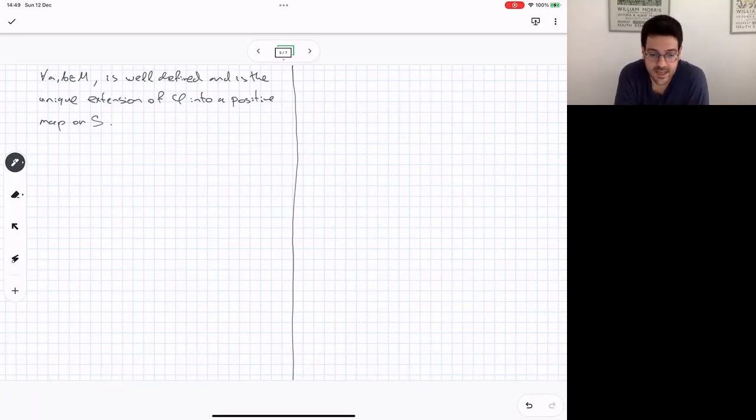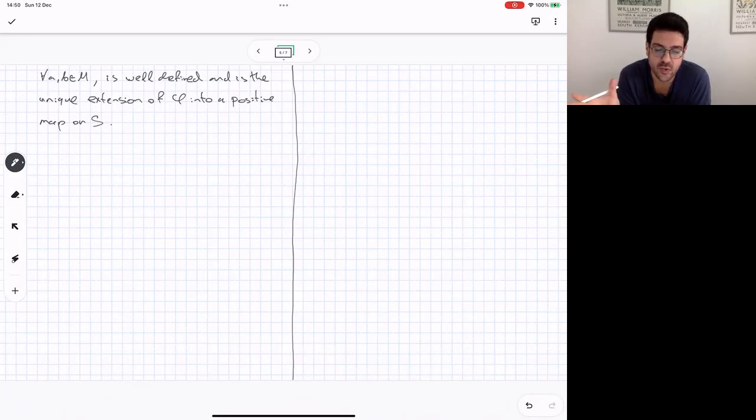Okay, is the claim clear? So the claim tells us that if we start with a unital contraction on an operator space, namely on a unital subspace of a C-star algebra, then we can extend it to a positive map on the operator system in a unique way.